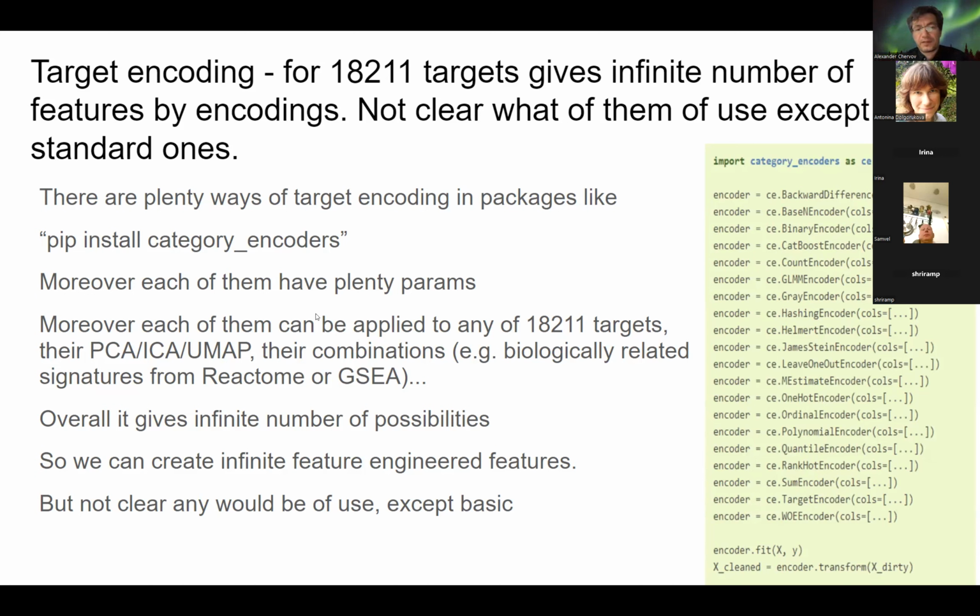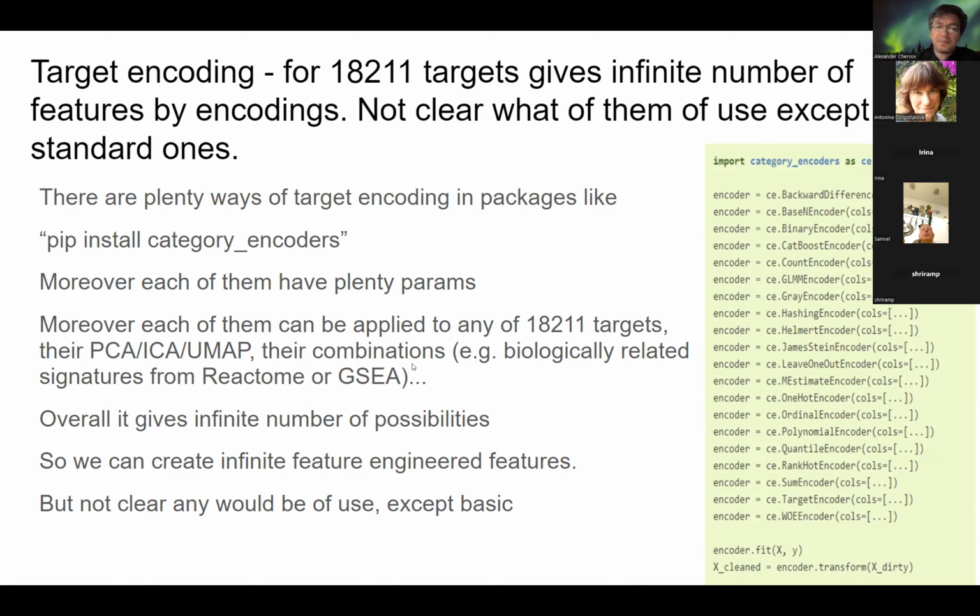Actually, we have a way to generate an unlimited number of features, because we have many targets, and we can make target encoding for each of them. Or we can take PCA or UMAP reductions of these targets and make encoding for these reduced targets.